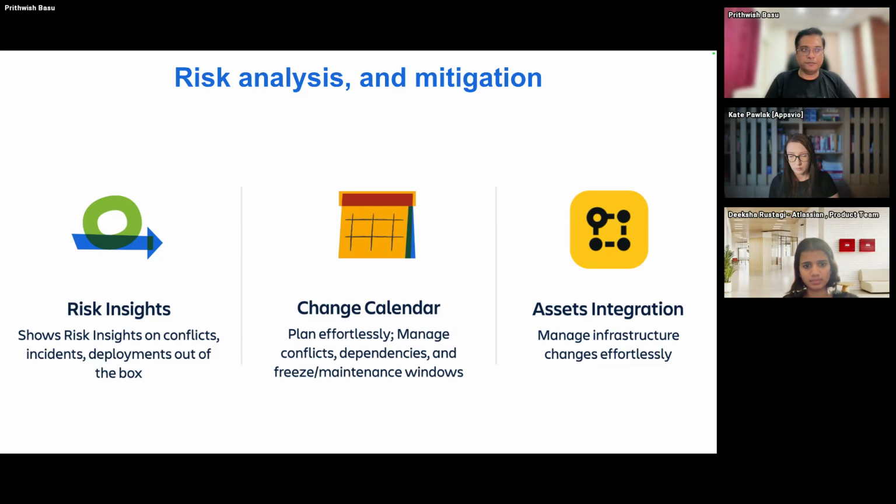Change calendar is a very widely used feature for JSM. So all our customers use change calendar to get a kind of consolidated view of all the changes that are happening. You can see freeze and maintenance windows, and we have introduced few new features which I'm going to cover. The last part is if you are also using assets in JSM, you're managing your infrastructure.